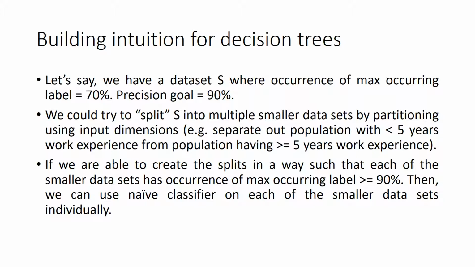So if I'm able to create these partitions in such a way that each of my smaller data sets has an inherent bias, is much more likely to be one label than the other, in fact 90% probability, then all I need to do is use the naive classifier on each of those small data sets.